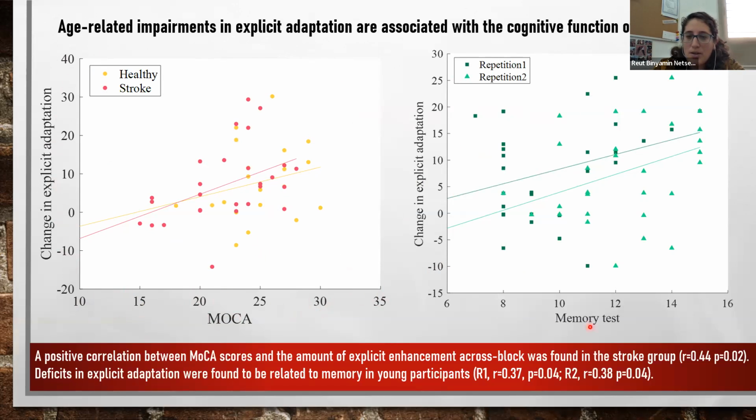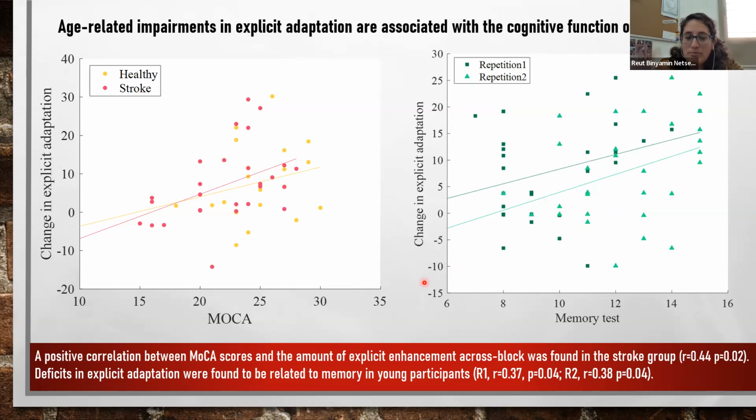This is the MOCA score, and this is the memory test scores. So we found a positive correlation between these parameters for the stroke group, and also a significant correlation between the scores in the memory test and the change in explicit adaptation. This was interesting for us to find also in young participants.